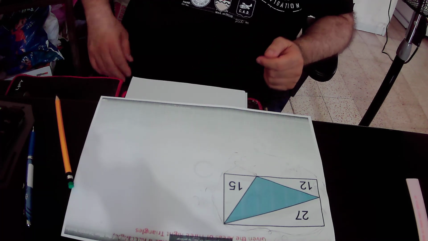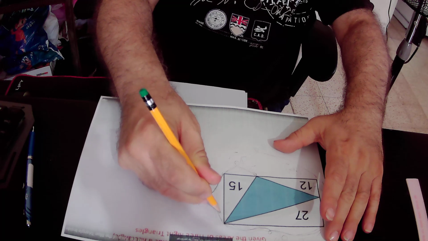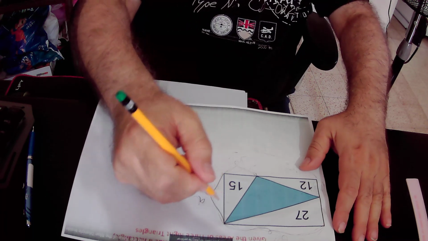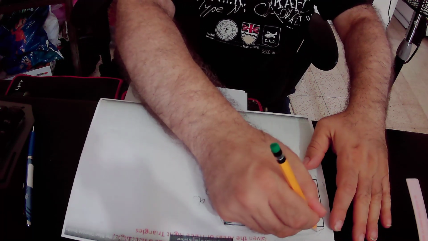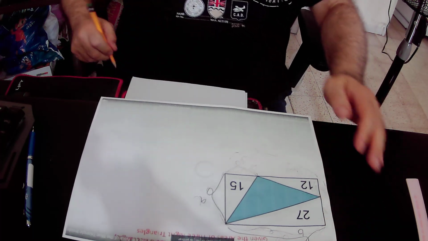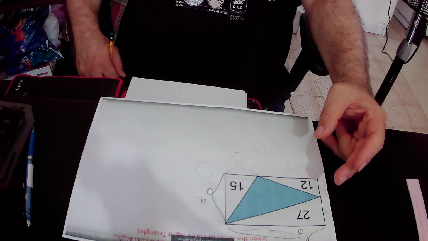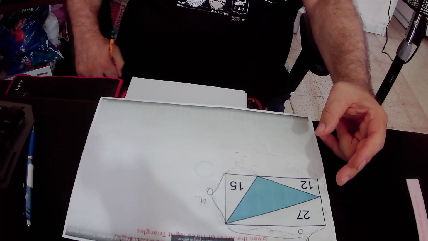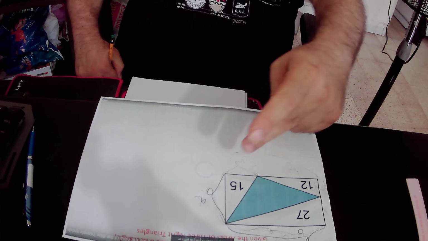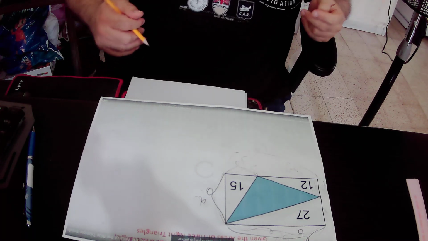So let's define the width of the rectangle as A, and the length of this rectangle as B. So the area of this rectangle will be A times B, and after we know the value of A times B, we will subtract from it the sum of the areas of those three right triangles that are given to us, and we will get the area of the blue triangle.